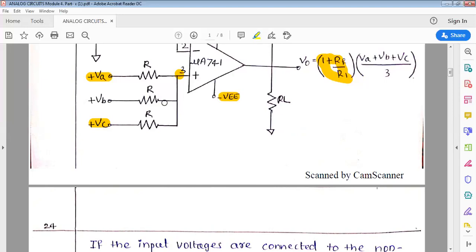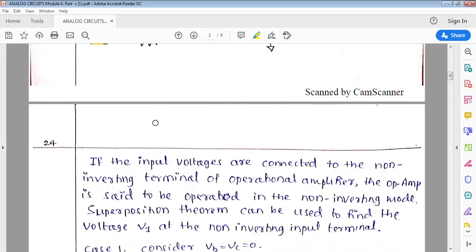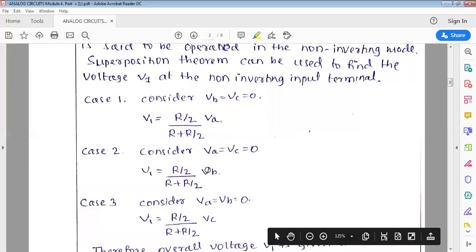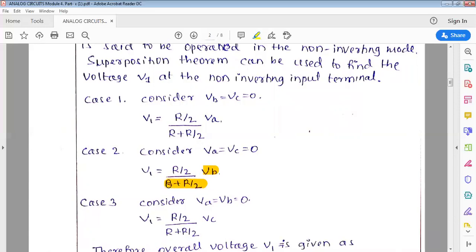If I want to calculate the voltage at terminal 3 only because of VB, it is given by the current passing through the parallel combination multiplied by its resistance. The current is VB divided by R plus R by 2, and I multiply it with the effective resistance of the parallel combination, R by 2. Therefore, the voltage V1 only because of VB is given by R by 2 into VB divided by R plus R by 2.